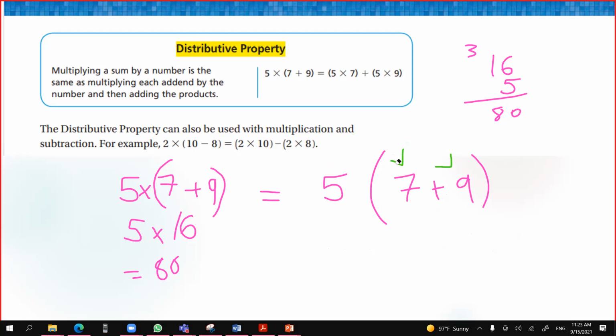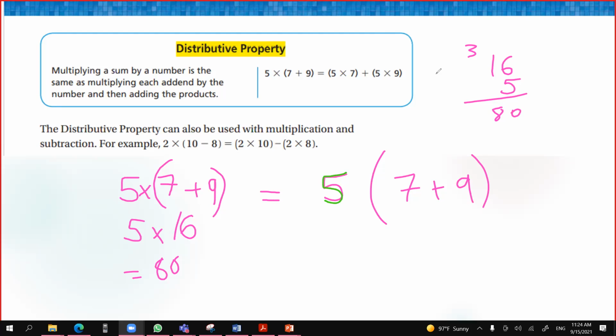First of all, as I told you, from its name distributive, it means I need to distribute the number outside the brackets into the numbers inside the brackets. This number 5 here, I want to distribute it.